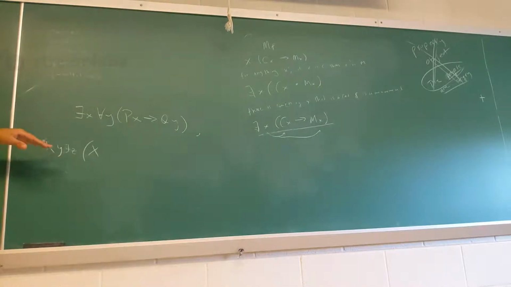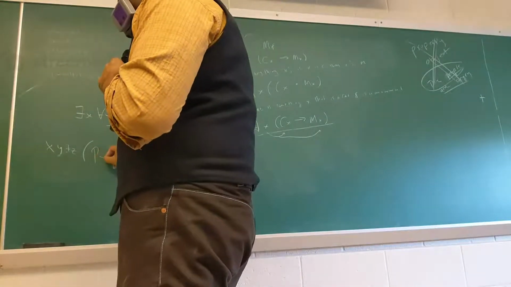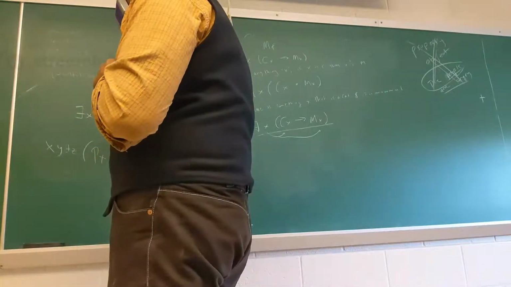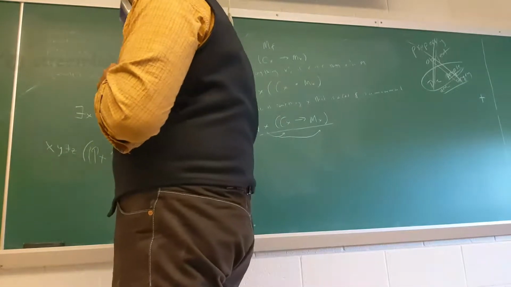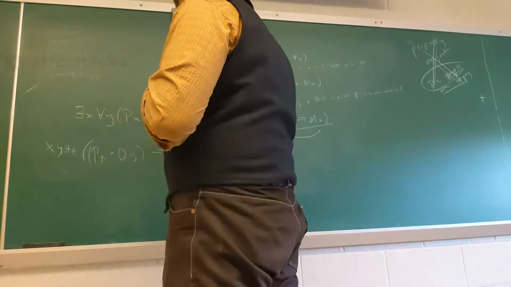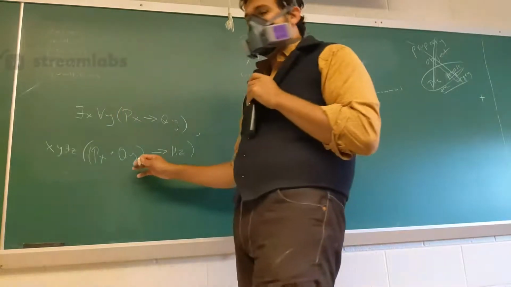Okay, if I say x, y, which universal, right? Existential, z, and then I say x is p, and y is q, then z is h. How could I gloss this?